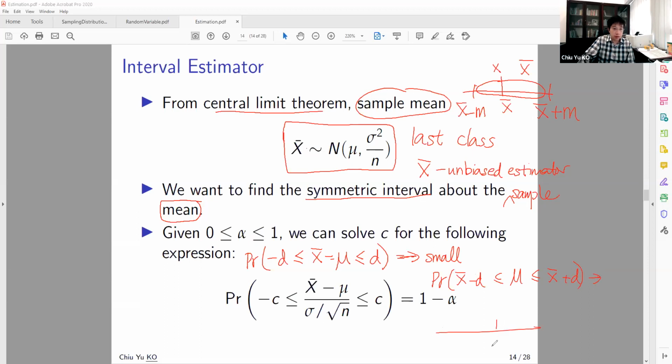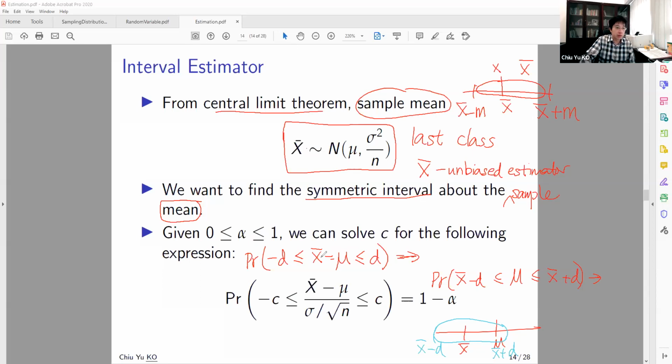So that's mu here. Suppose I have x bar. For this x bar, I can construct x bar minus d and x bar plus d. I want the probability that it will include mu to be very big.